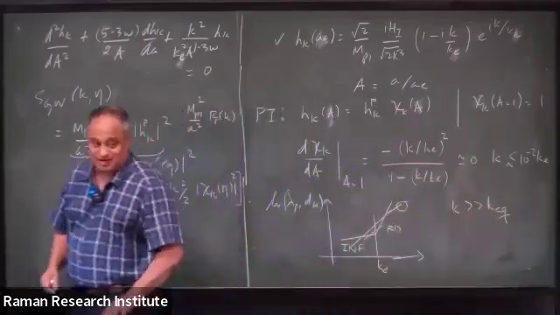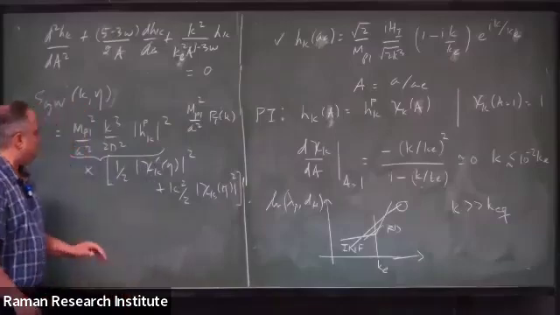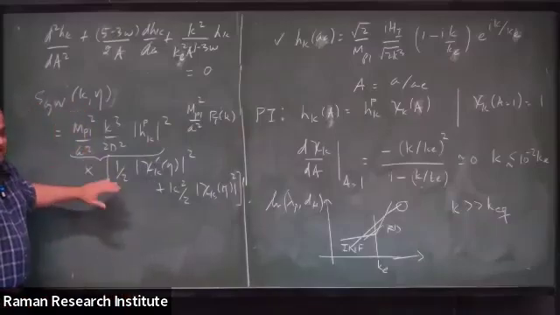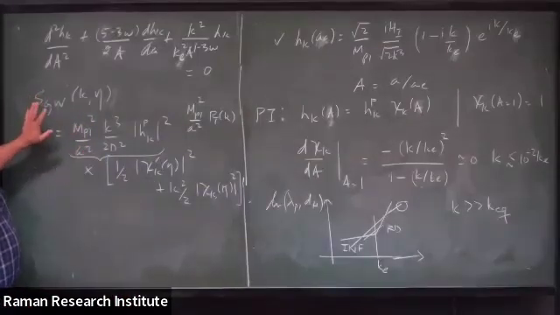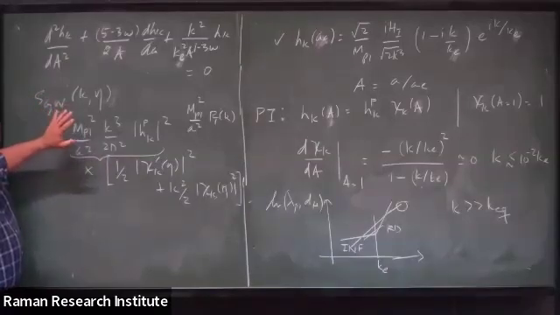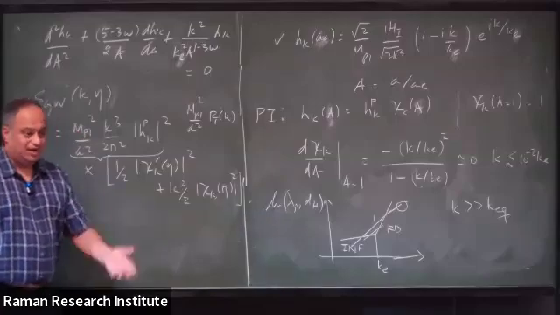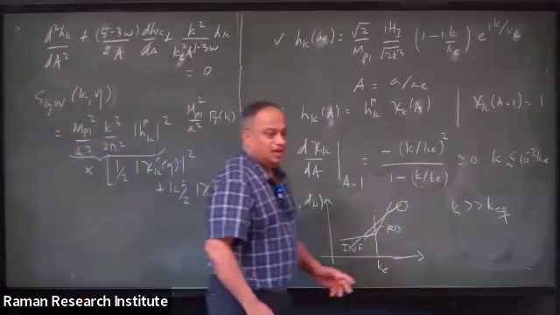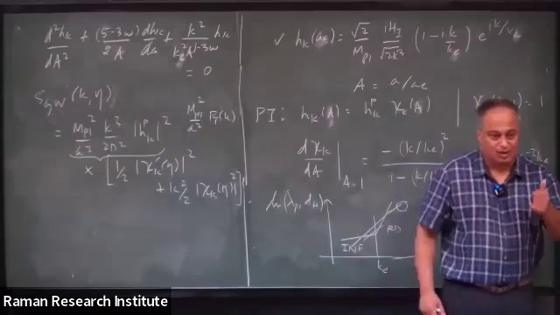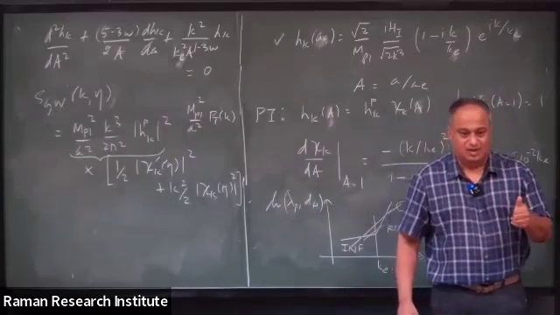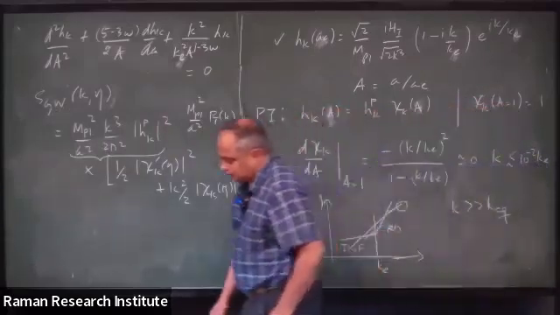This is often referred to as the spectral density of gravitational waves. If I integrate over all k, I will get the total energy density, but I am not integrating over all k, I'm looking at one k.